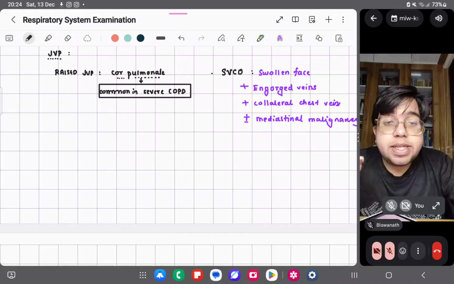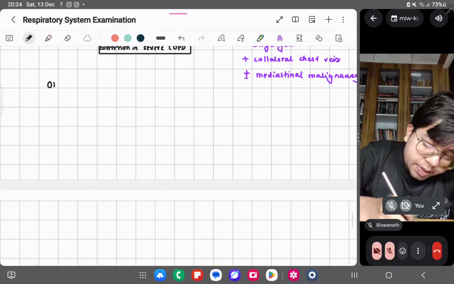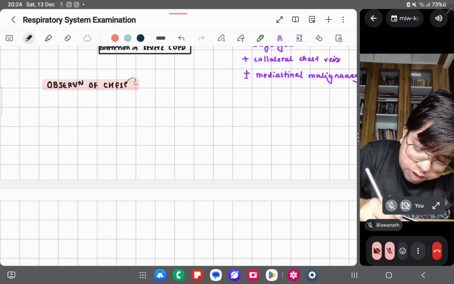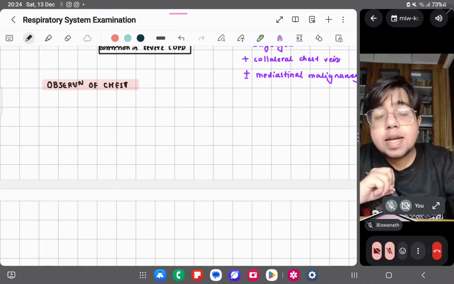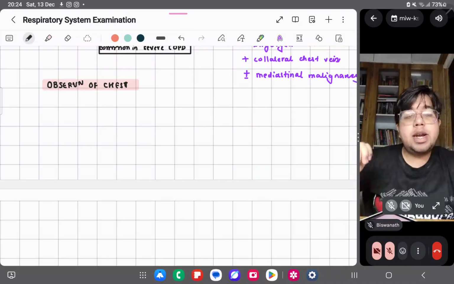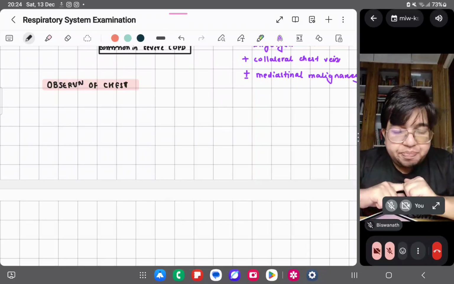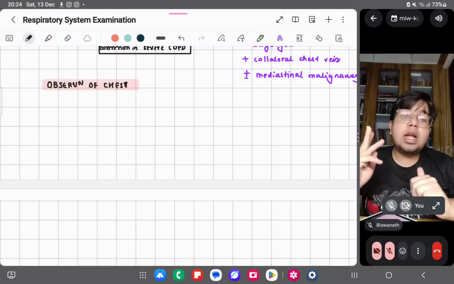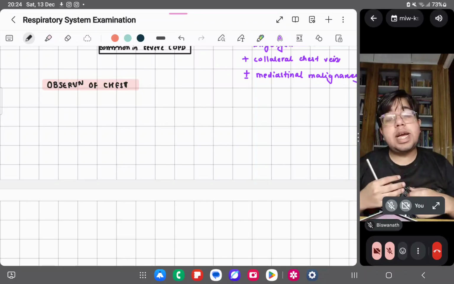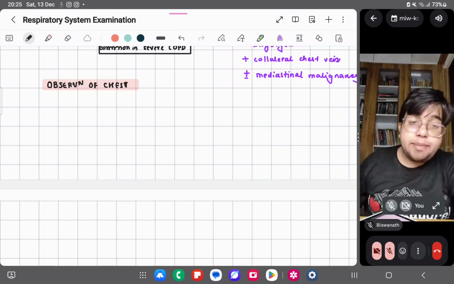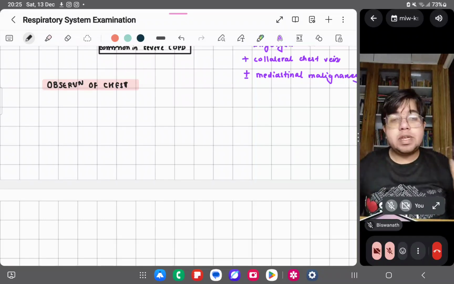Now we'll observe the chest. What things will you see? Of course, you have to take consent and ask the patient to undress up to the waist, right? You have to see the rate of respiration, the rhythm of respiration, the character of chest expansion, the symmetry of chest, the shape of chest, and if there are any previous surgical scars.